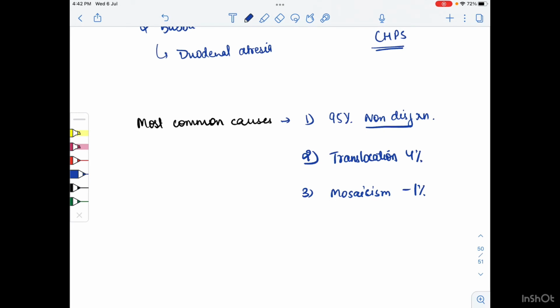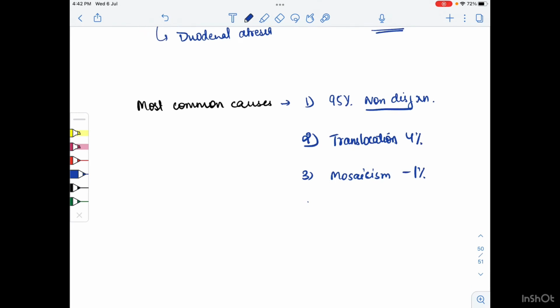Also, balanced translocation will be there. All babies who have balanced translocation, then all those babies have 100% Down syndrome.